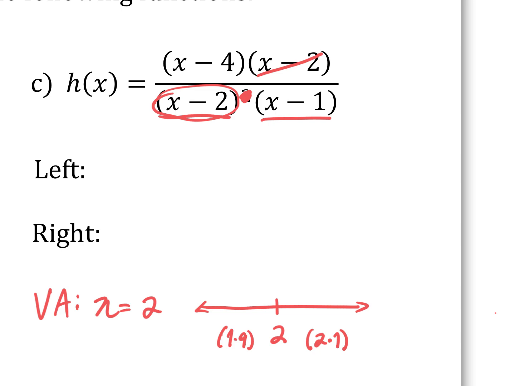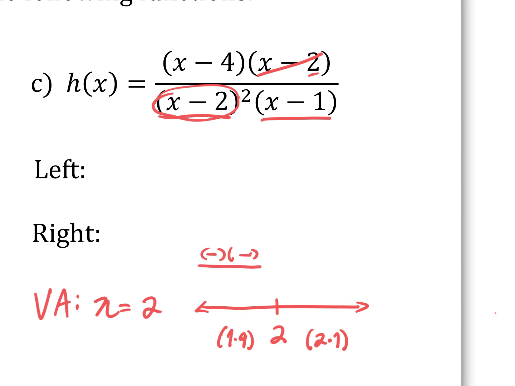Now I'm going to substitute it in the full equation. So let's say 1.9. If I substitute 1.9 on the numerator, 1.9 minus 4 is going to give me a negative, and 1.9 minus 2 is still going to give me a negative.